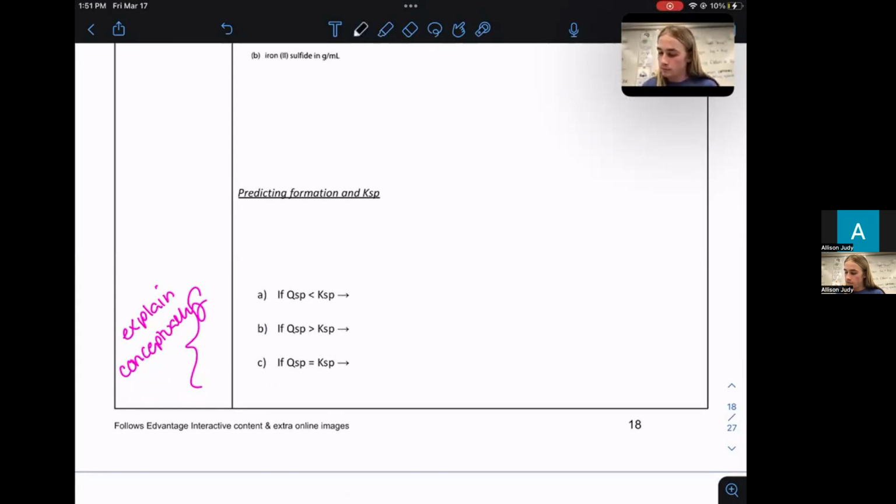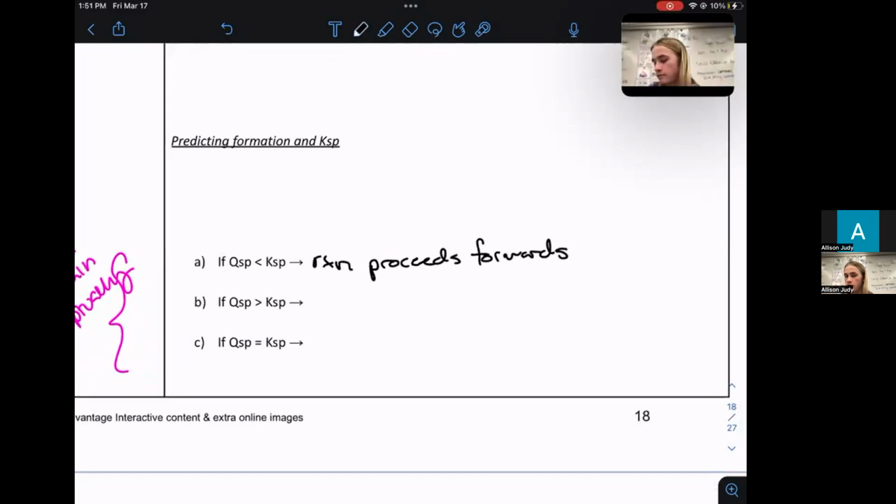So if your QSP is less than your KSP, that means there are fewer ions dissolved in solution than there would be at equilibrium. Conceptually it works the same as any other Q value: if your Q value is smaller than K, the reaction proceeds forwards, increasing the concentration of the products, or the ions, until it reaches K, or equilibrium.